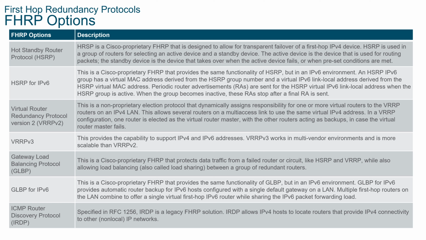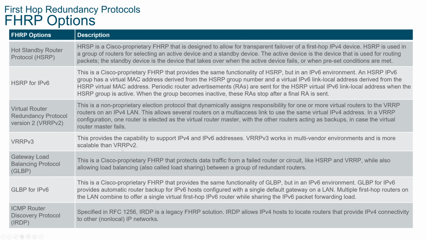In a VRRP configuration, one router is selected as the virtual router master, with the other router acting as backup in case the virtual router master fails. I will go over VRRP in a different lecture series, but it is something that you should know exists.